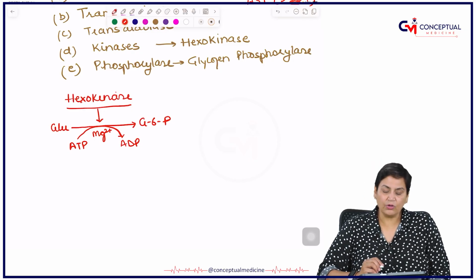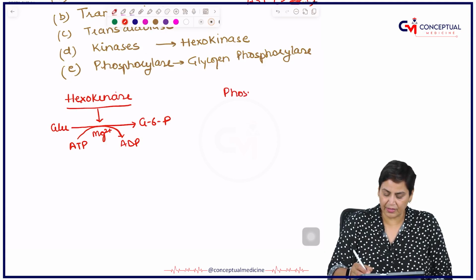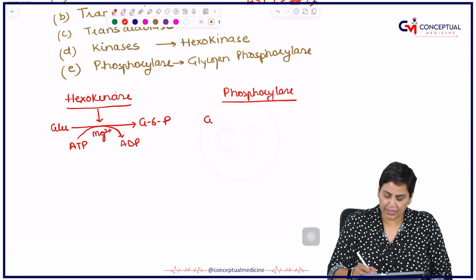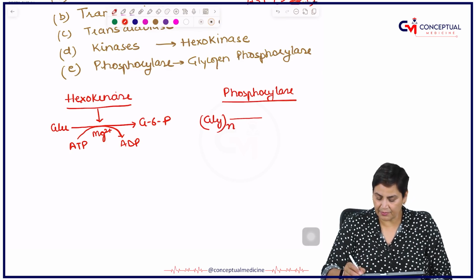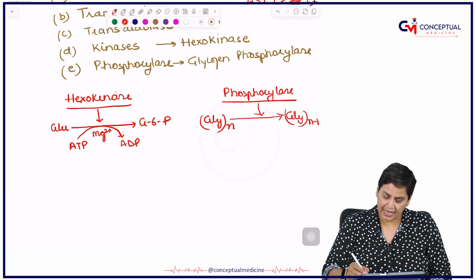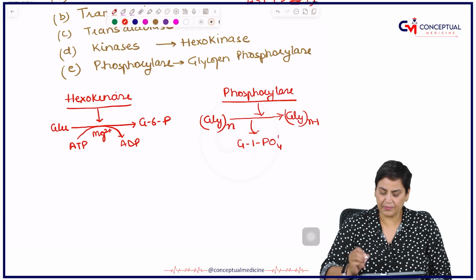But if we talk about phosphorylase, phosphorylase has altogether a different function. In phosphorylase, glycogen, which has a number of glucose residues, in the presence of this will have glycogen with one residue of glucose lesser, and it is going to release glucose 1-phosphate like this.